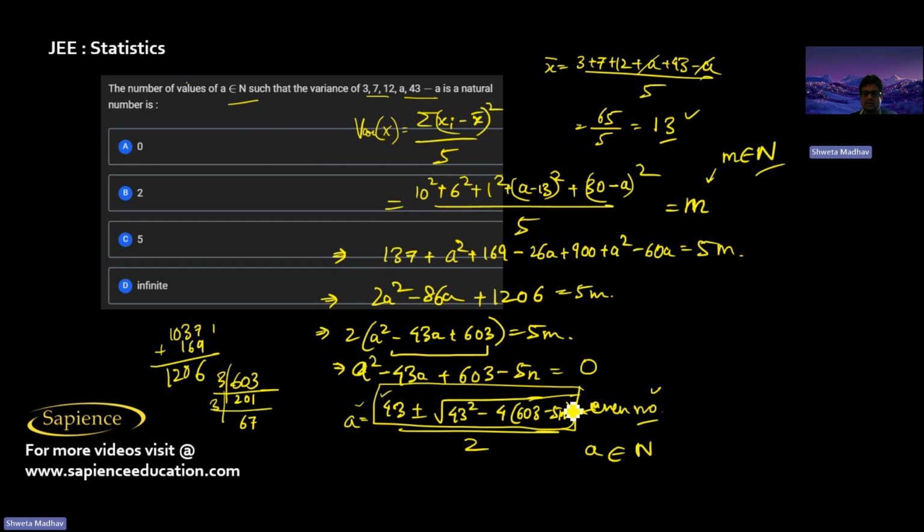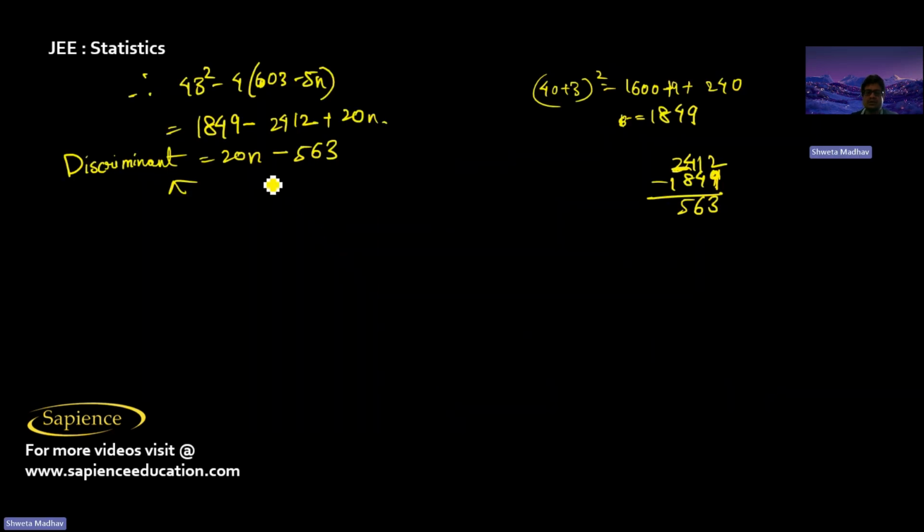So it means the discriminant should be at least a perfect square. Now here 20n will always have a 0 in its units place.